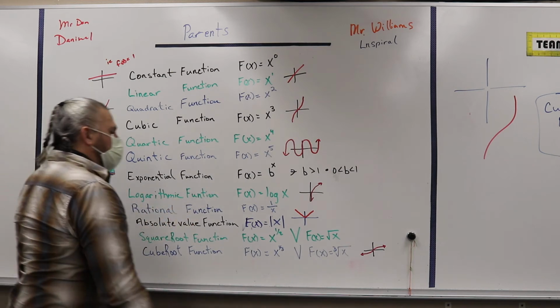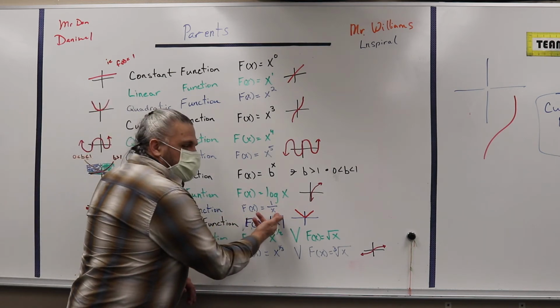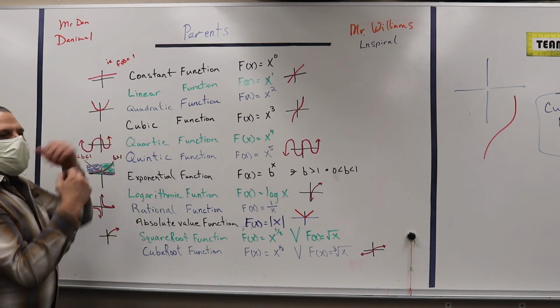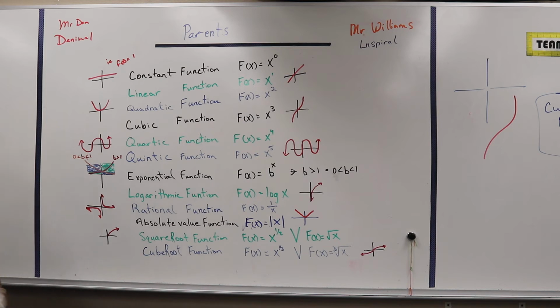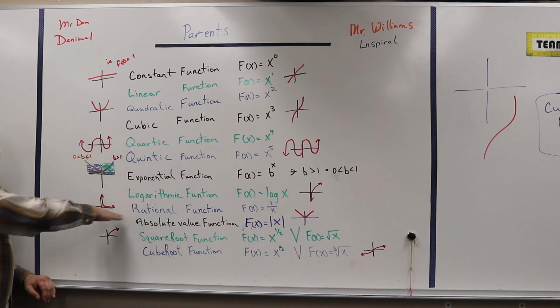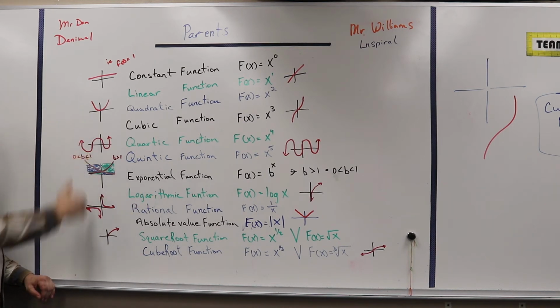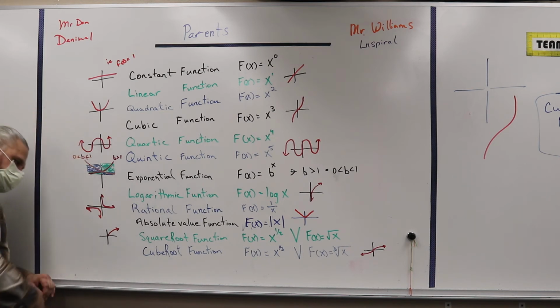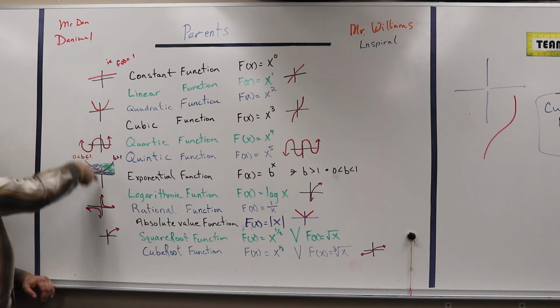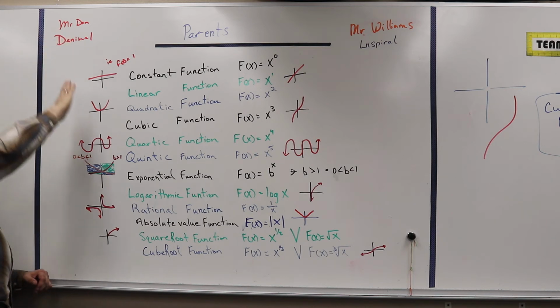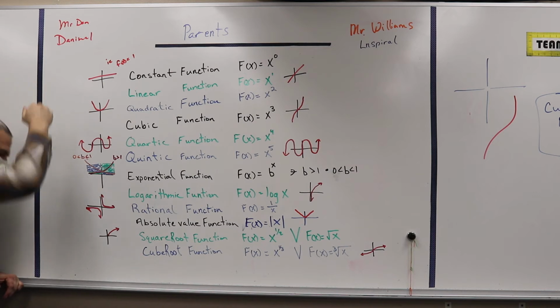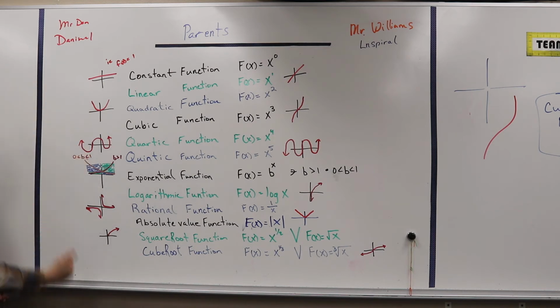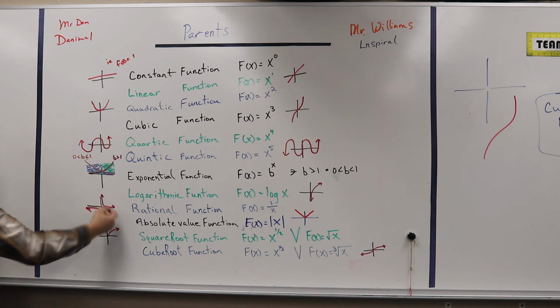Rational function, okay? Well, what that is is 1 over x, okay? So anytime you have x in the bottom of the fraction, all right? That's when you're going to have an asymptote at 0, and you're going to infinity as you get really close to 0 on this side, but as soon as you cross 0, you're coming back up from negative infinity, right? And then coming up and getting really close to 0, going towards infinity.